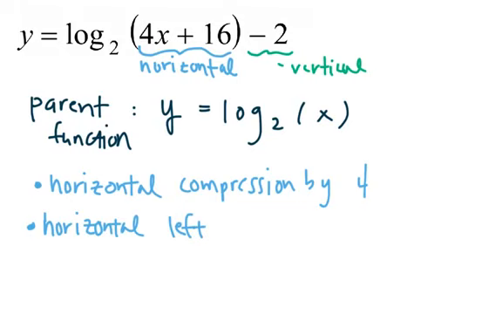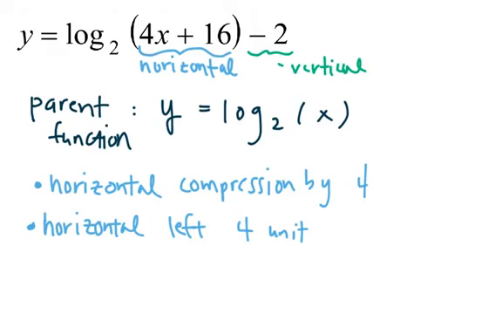When we do this to our table of values, we first subtract 16, right? Algebraically, we first subtract 16. Then we divide by 4, right? So this is actually going to be a horizontal shift left 4 units, okay?